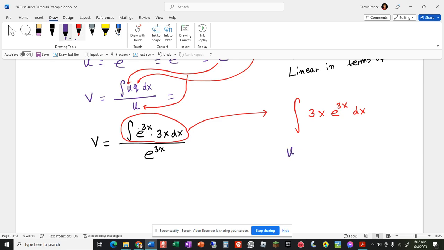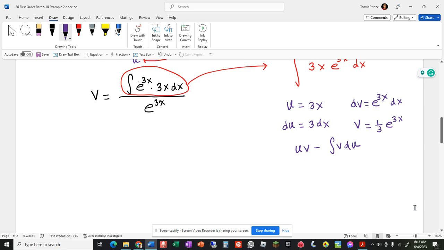So u is 3x, dv is e to the 3x dx. Here you take the derivative, du, the derivative of 3x is 3 dx, and the integral of e to the 3x is 1/3 e to the 3x. So let's apply uv minus integral of v du.